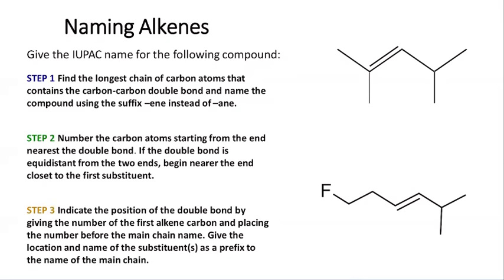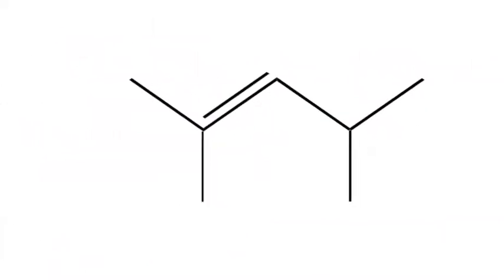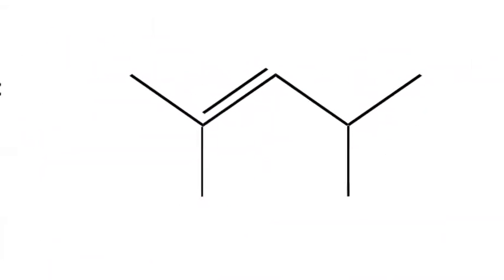Let's go through the first molecule that we have here. So let's put in the chat, what is the number of carbons of the longest carbon chain that contains the carbon-carbon double bond? I agree with Marisol, there's 5. Thank you, Gia. Yep, there's 5.